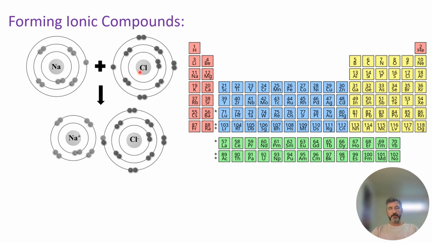Chlorine, on the other hand, is going to gain an electron, and so chlorine, which started with 17 protons and 17 electrons, now has 17 protons and 18 electrons, and so it has a negative 1 charge because, of course, electrons are negative.